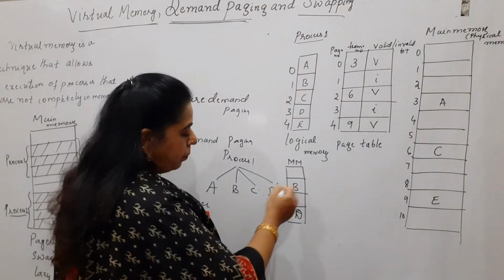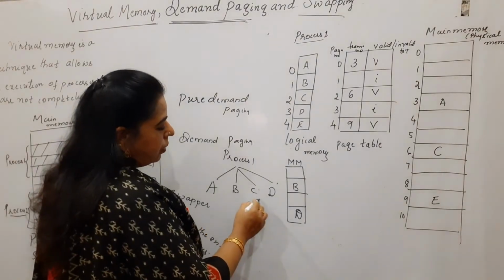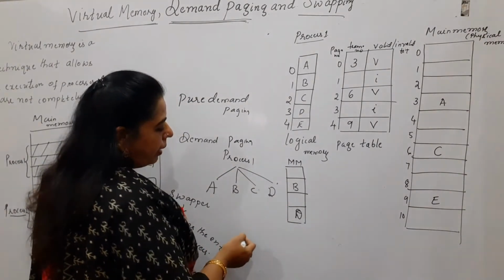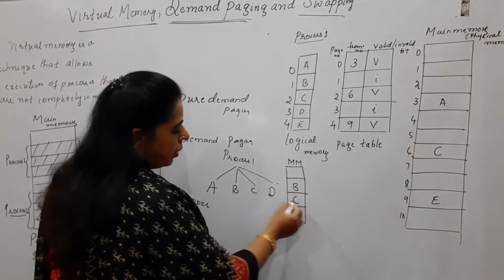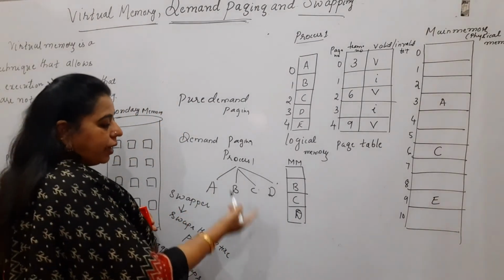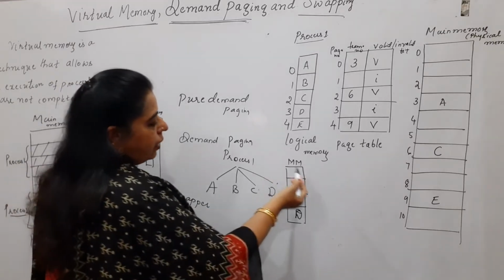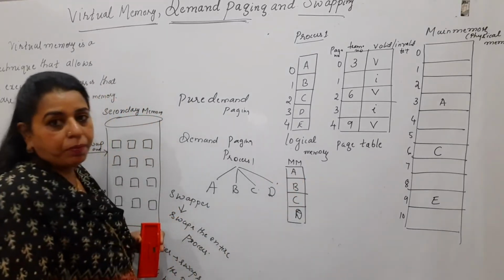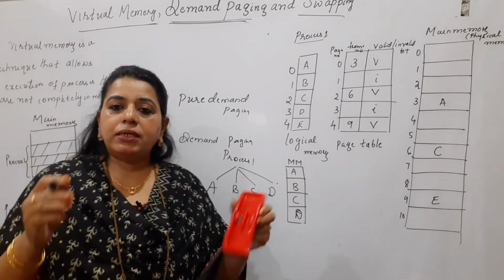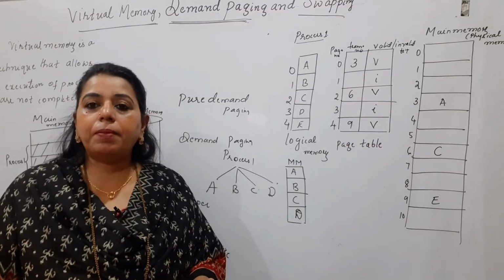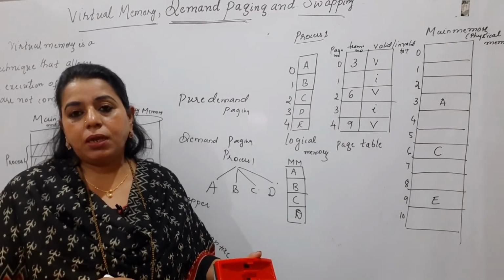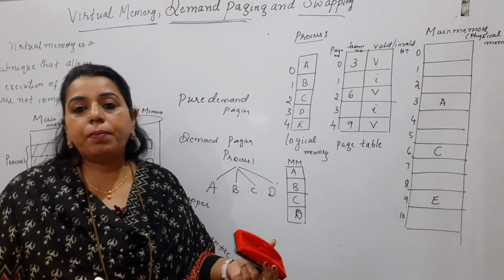Then it will be brought into the main memory on demand. So we say that there is a demand paging happening. So C will be brought into the main memory. Similarly, next time the CPU wants to execute an instruction belonging to page A, then page A will be brought into the main memory. So in demand paging, initially a few pages were already there in the main memory. Few pages which the CPU wants to access were brought into the main memory.